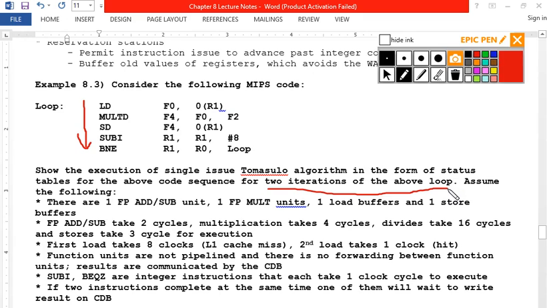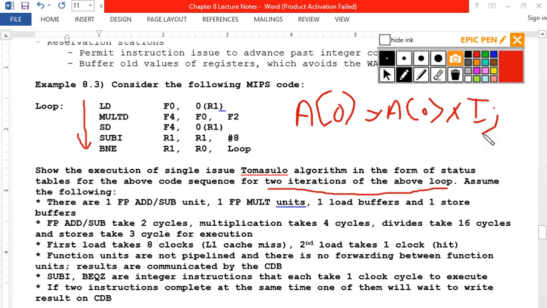Every loop, we can translate this back up to C level, right? So basically we can call this A of 0 equals A of 0 times I. We'll just call that variable I, where I is F2, and the base pointer is R1.